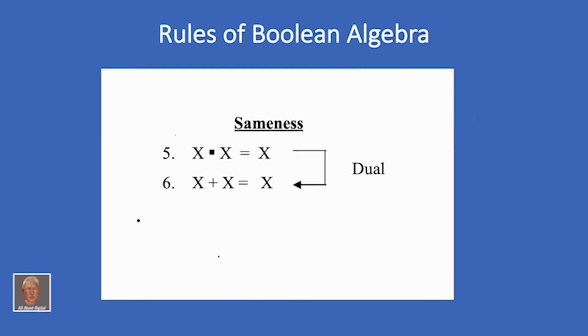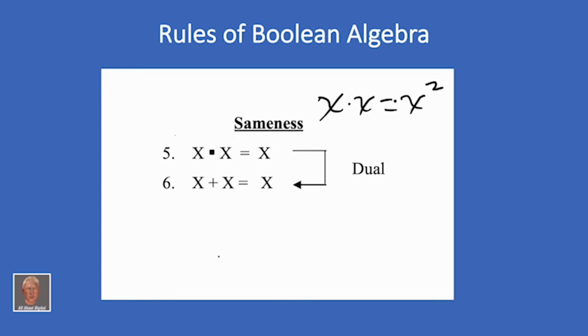Sameness. What sameness says is if we have x times x, that's equal to x. Well, in normal algebra, you'd have x times x equals x squared. But there's no squared function in Boolean algebra. There's only single variables, non-exponentials. So x times x is equal to x. x plus x is equal to x.